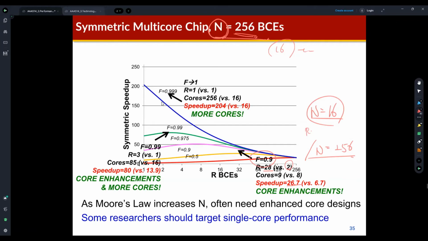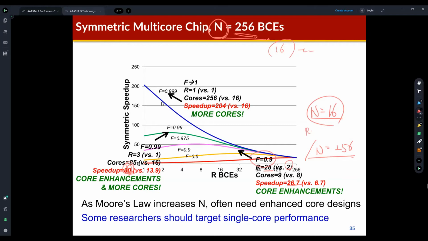And if F is 0.99, the speedup is about 80, okay? So what does that mean? With the same workload characteristics, if we can invest more resources in the single chip, then the optimal configuration can change.